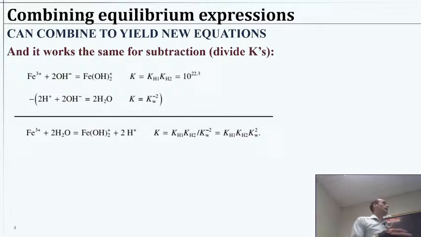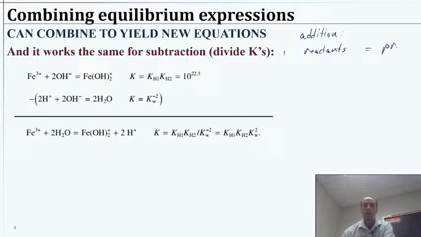And this would be kind of the same thing as if we had two systems, where in the addition case, in the first one we had reactants and products in equilibrium, and in the second one reactants and products.